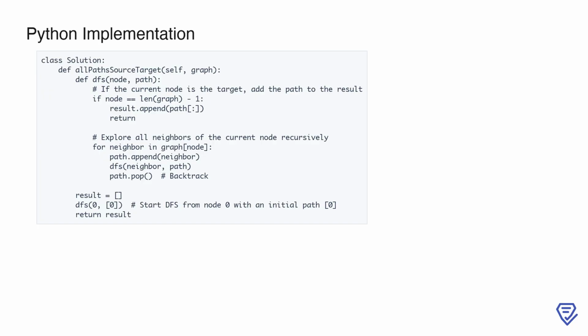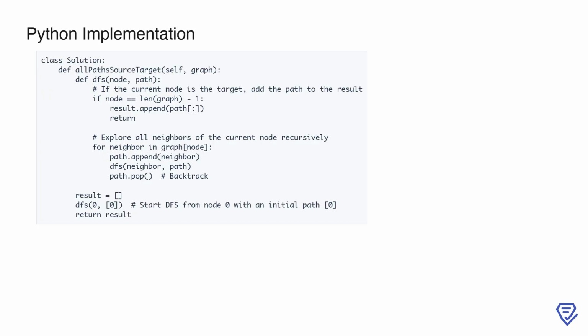A helper function dfs is defined within the method to perform recursive DFS. The dfs function takes two arguments, node, the current node being processed, and path, a list representing the current path from the source to the current node. Each recursive call explores one possible route starting from the current node.